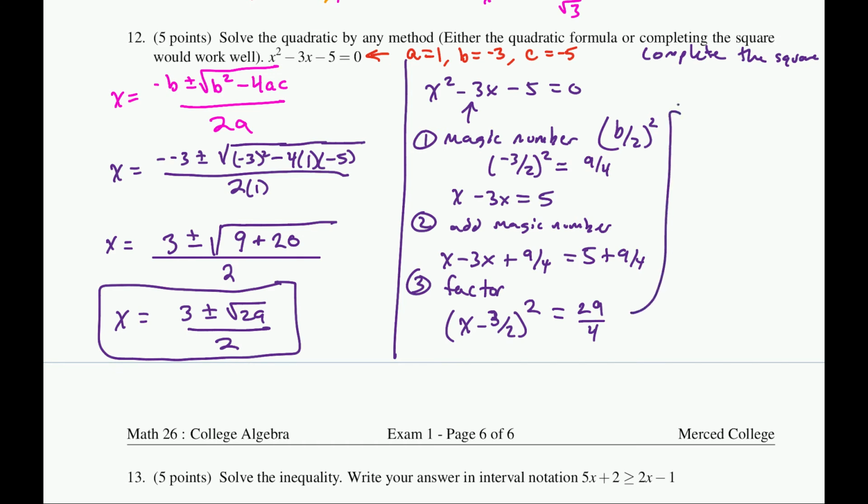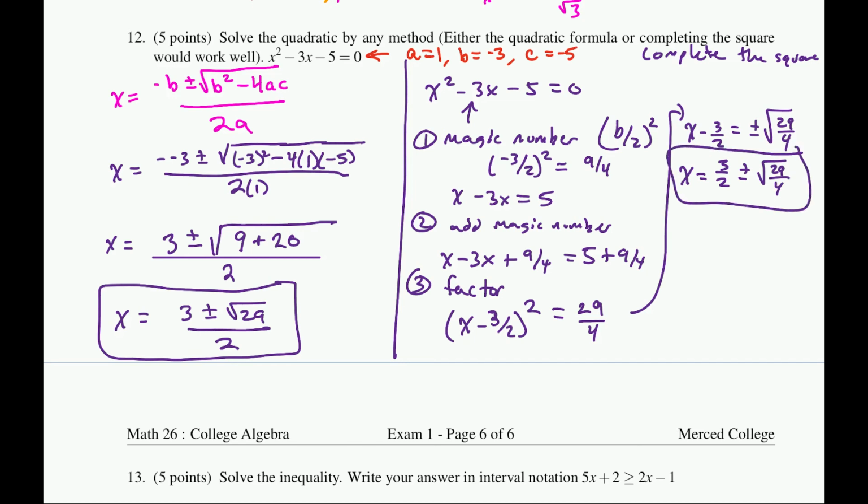And then if you were going to keep going, you would want to square root both sides because you're trying to get to the x. So you would end up with x minus 3 over 2 equals plus or minus square root 29 over 4. And then you would add 3 over 2 to both sides and end up with x equals 3 over 2 plus or minus square root 29 over 4.